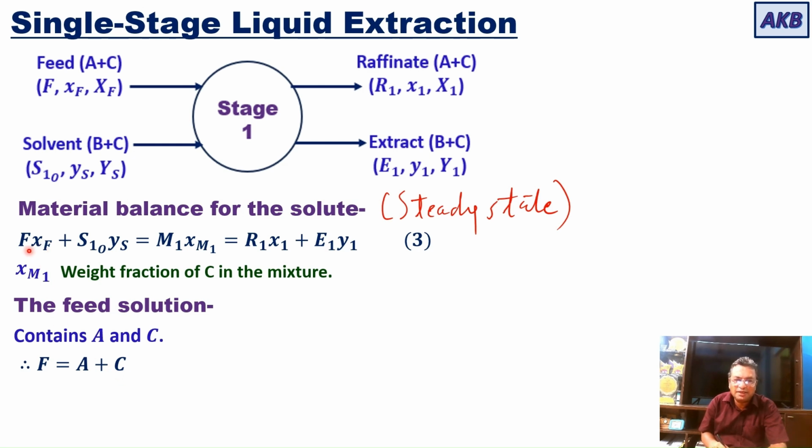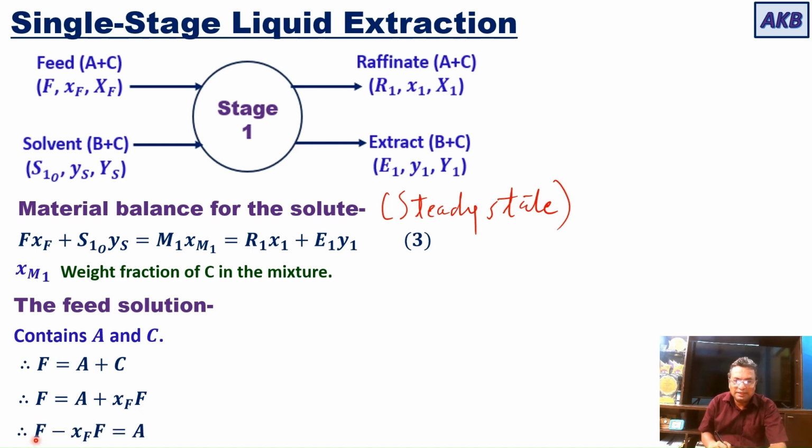It will be F into XF, the total mass of feed into the fraction of solute in it. So I can write F is equal to A plus XF into F, where XF into F gives the mass of C present in the feed. Mass of C is given as the weight fraction of C in the feed into the mass of feed.